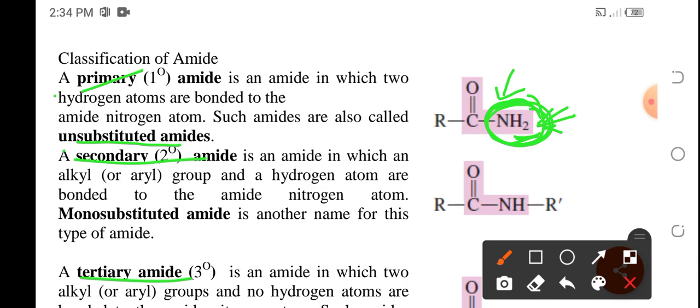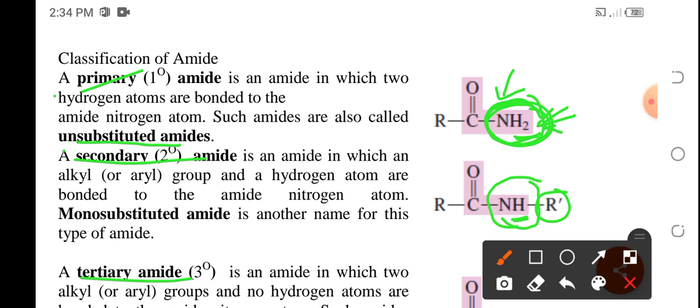For it to be a secondary amide, the amino group, or the nitrogen in that amino group, is bonded to one substituent, and it bears only one hydrogen.